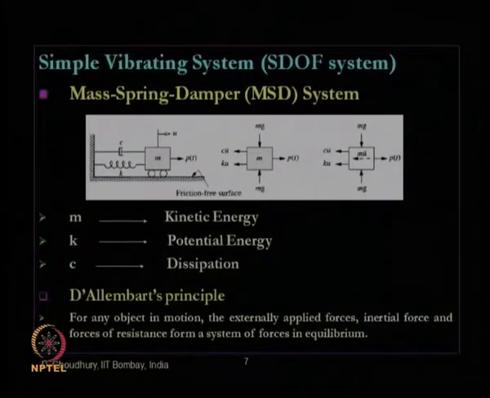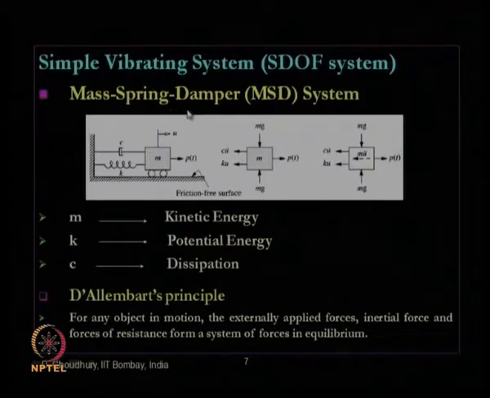Then we saw how we represent a simple vibrating system through a single degree of freedom system. The basic units we require to define a simple vibrating system are mass, spring and dashpot or damper, which we call the MSD system.